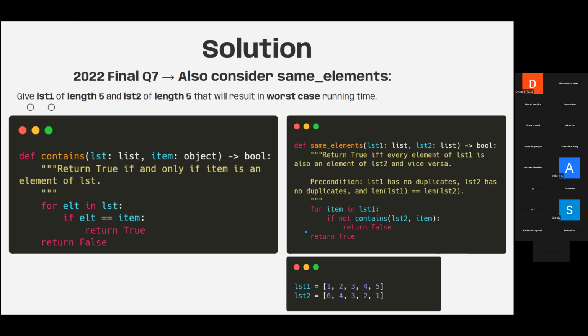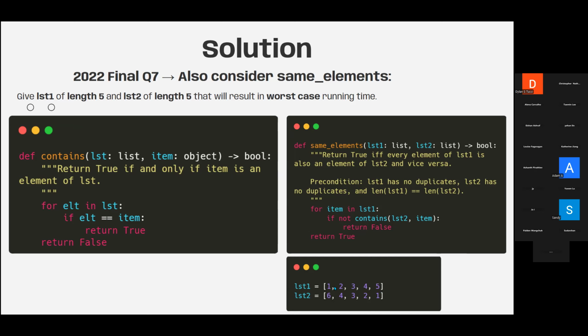So why is it that it is the worst case? Well, when you start with element 1 in list 1, and you're calling contains to check whether list 2 has it, notice how many times you're comparing it. You're comparing it like 5 times because 1 is all the way at the end of list 2. So that's a lot of comparisons you're doing.